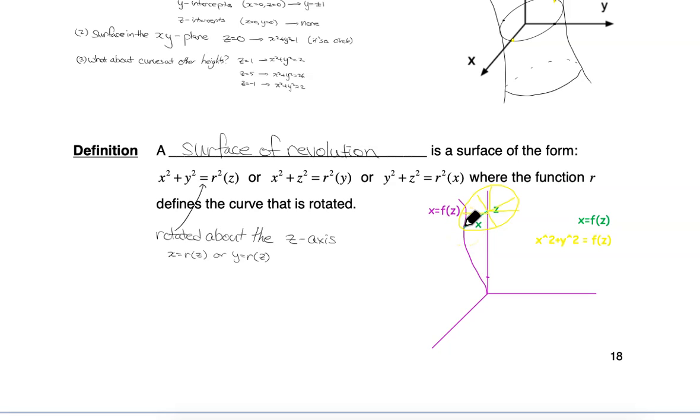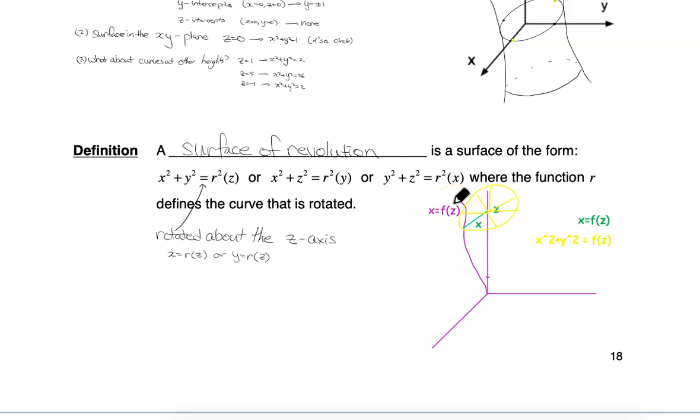Now, to have a surface of revolution, I want x to not be the only input. I don't want this to be the only point f of z. I want any point that's a combination of x and y along a circle to also be a solution to f of z.